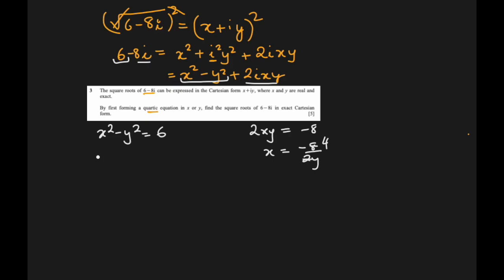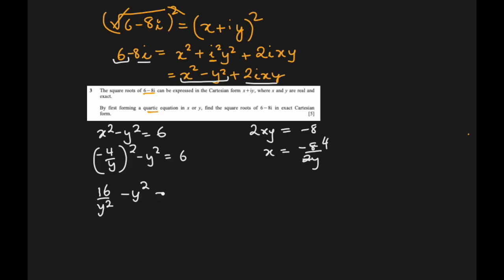So minus 4 over y, square, minus y square, equal to 6. So I have substituted what I got for x here into this one, which becomes positive 16 over y square minus y square.